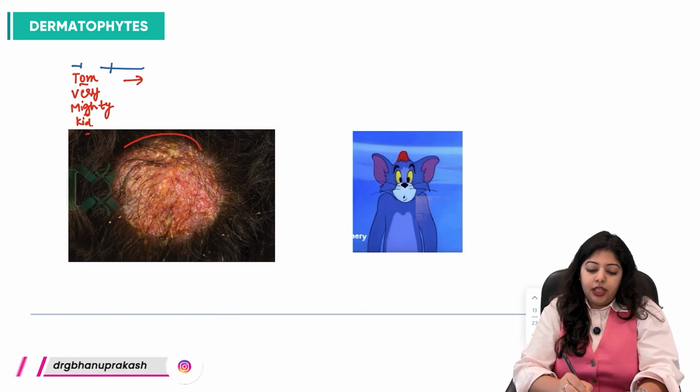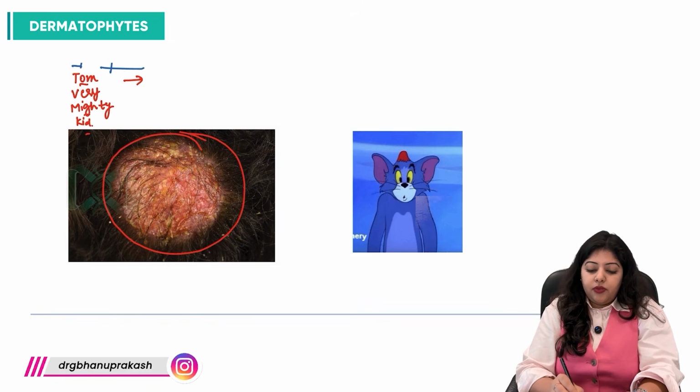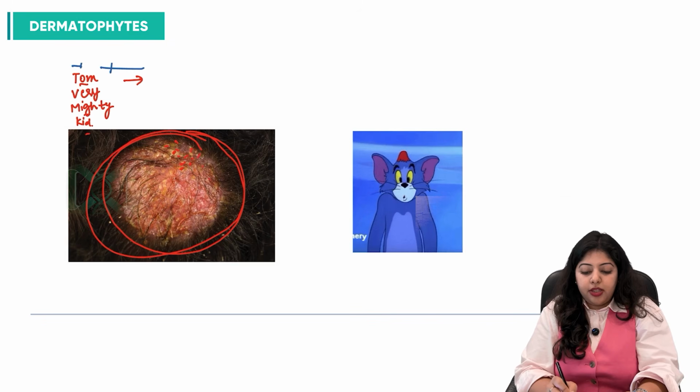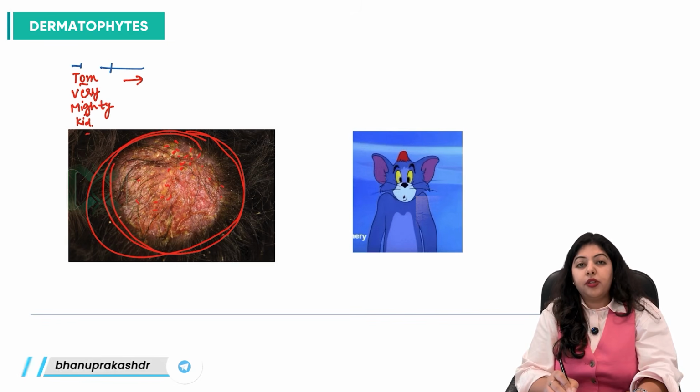So this is a Kerion infection. It is well circumscribed, somewhat boggy, and a lot of inflammation is present. Can you see these pus points, these pustules which are present, right? Can you also appreciate the alopecia here, loss of hair which is present?